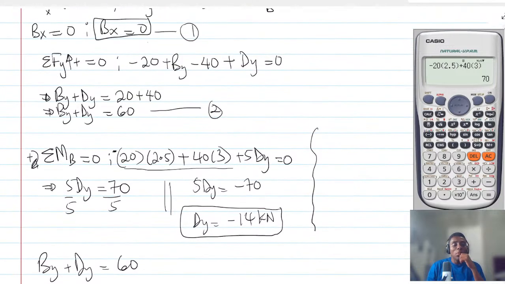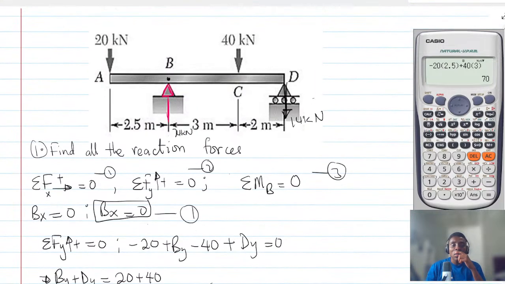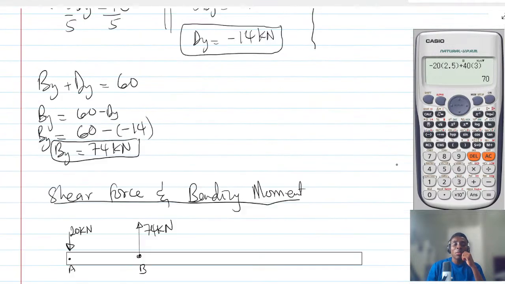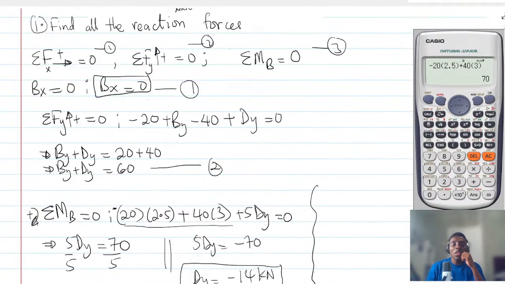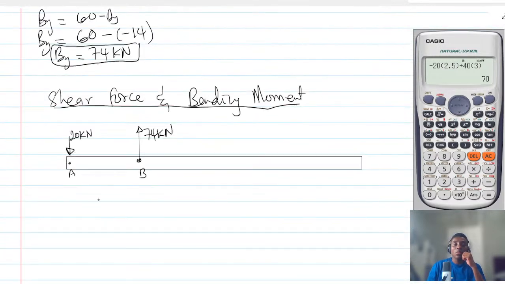So C was basically 40 kilonewton. But the difference between A and B was 2.5. All right, so we have 2.5 meters here.